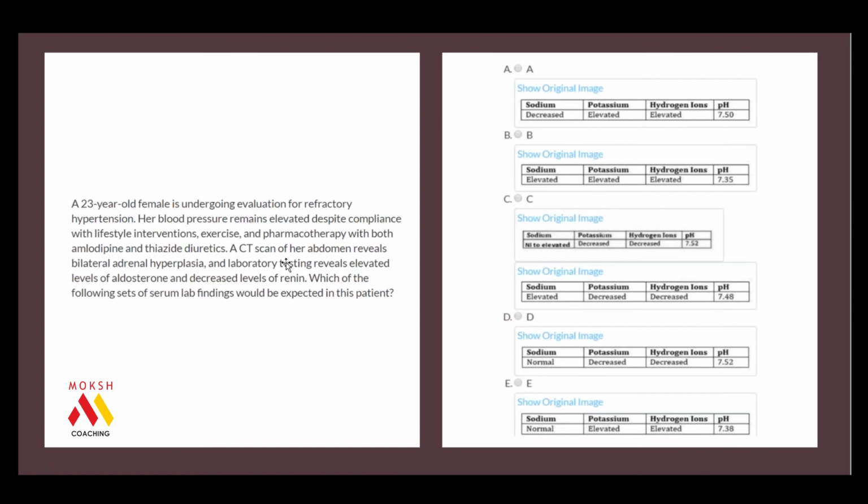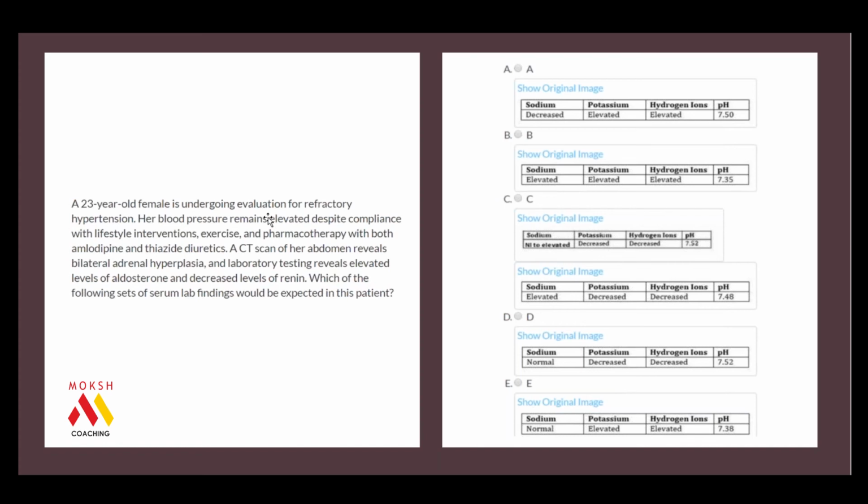That basically means that the hypertension is not getting better. Her blood pressure remains elevated despite compliance to her interventions: exercise, pharmacotherapy with amlodipine, and so on. So she's been taking her medications, she's doing exercise, she's doing everything she can, and she's young. So that's a big red flag right there.